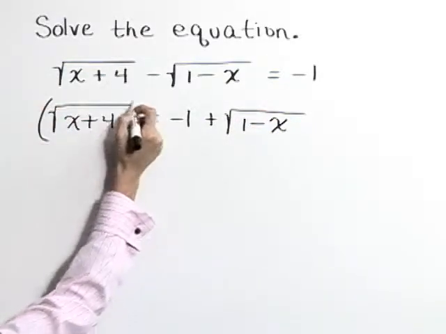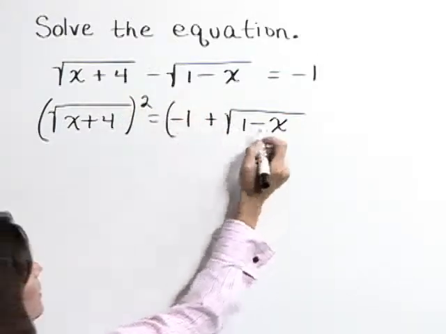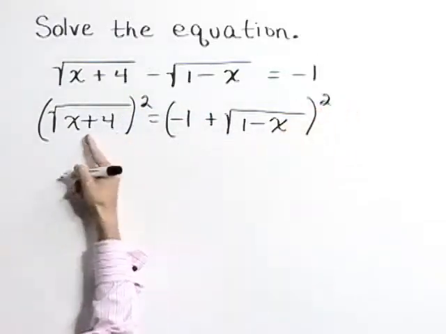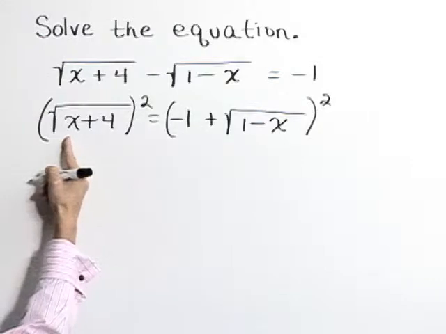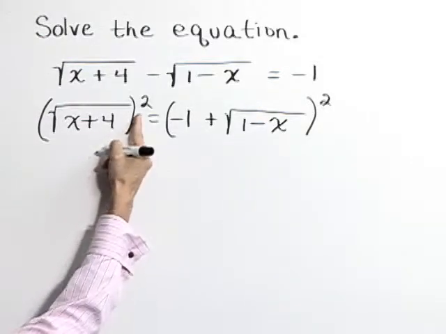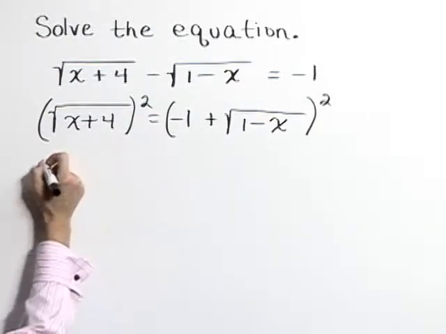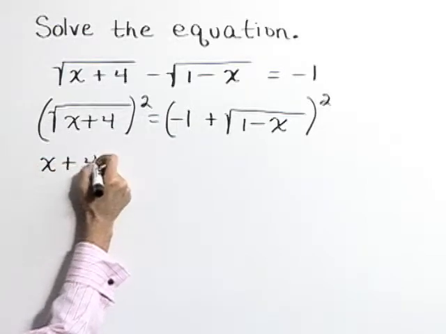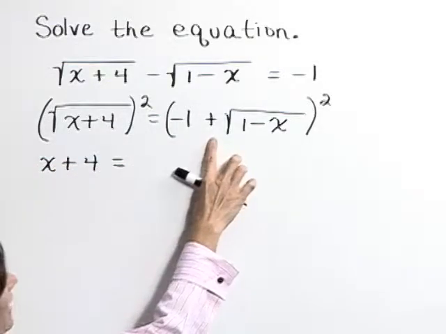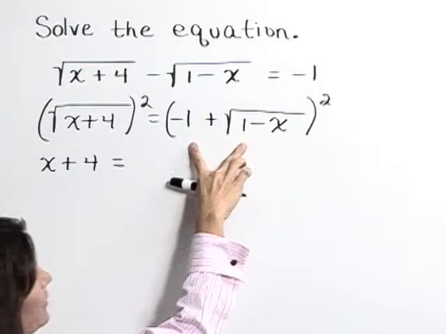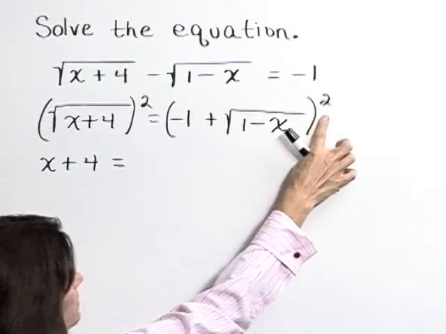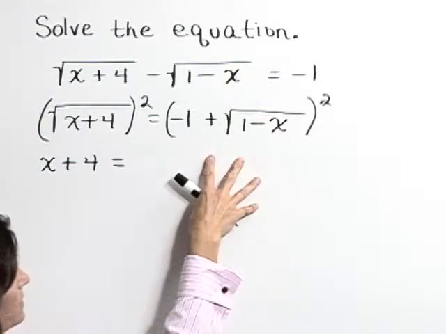Now we're going to square both sides so that we can eliminate the radical on the left. The square root of x plus 4, quantity squared, is equal to x plus 4. Now on the right-hand side we have a binomial squared. Don't forget to FOIL that out.